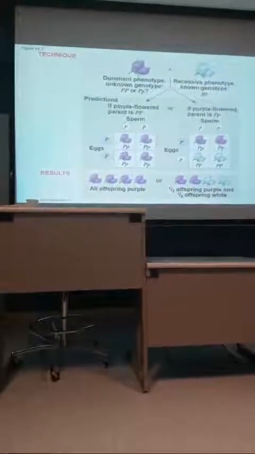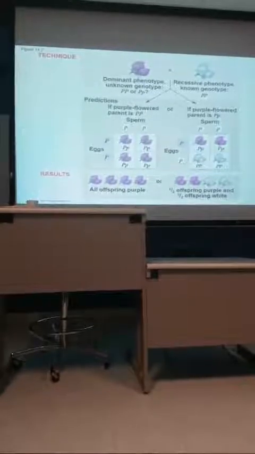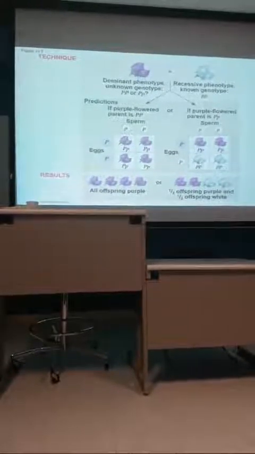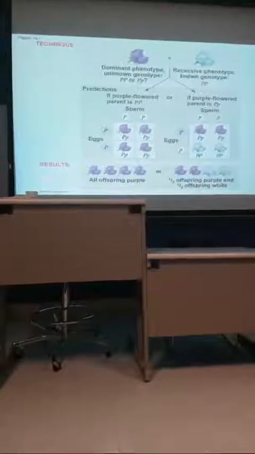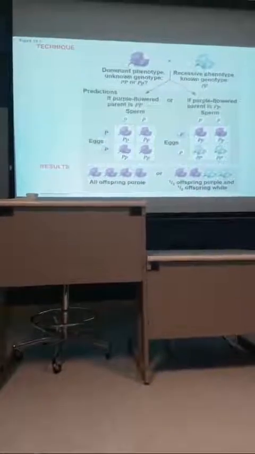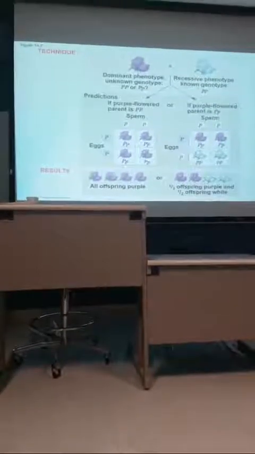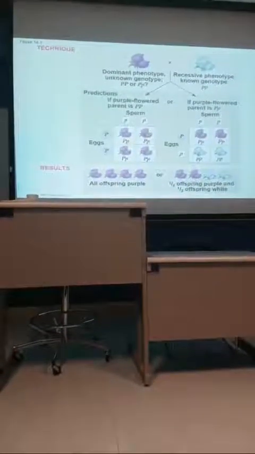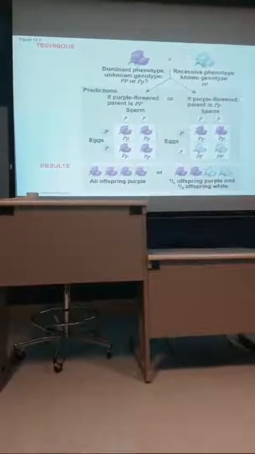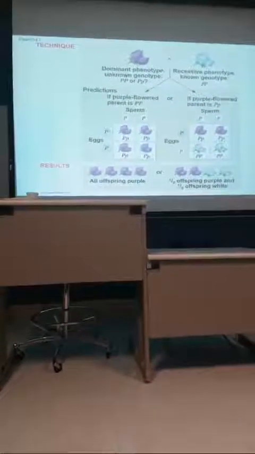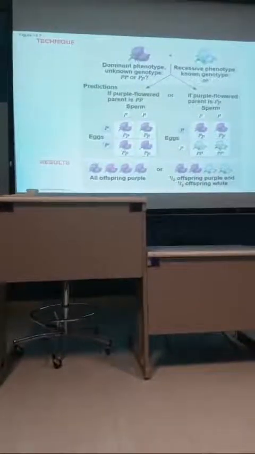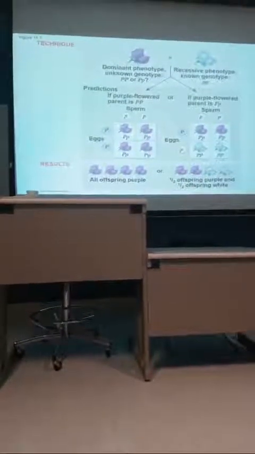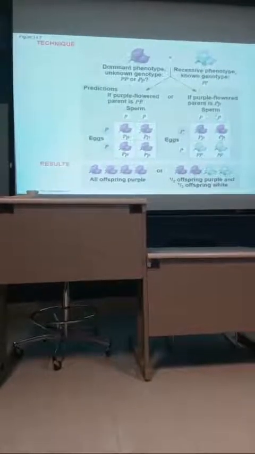This one can only contribute a dominant trait, that one can only contribute a recessive trait. Because of that, when two pure parents are crossed, all of the offspring will be heterozygotes. Heterozygotes mean they've got one dominant trait and one recessive trait. So all of the offspring have to be that, and that is basically just a 100% ratio there.